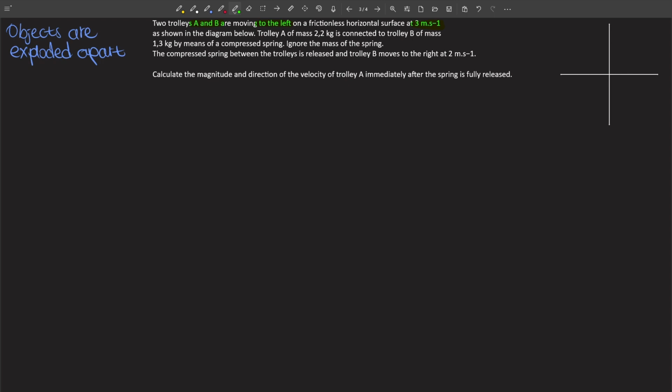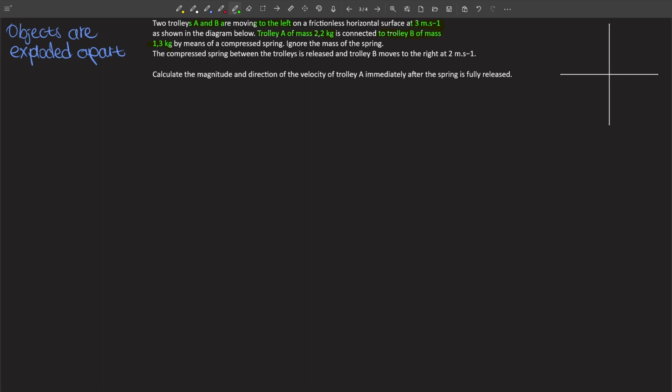As shown in the diagram below, a trolley A of mass 2.2 kilograms is connected to a trolley B of 1.3 kilograms by means of a compression spring. Ignore the mass of the spring.